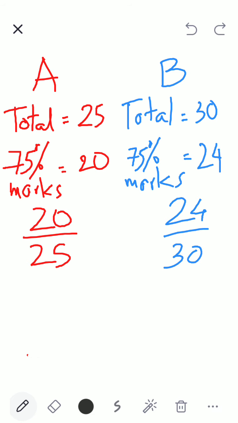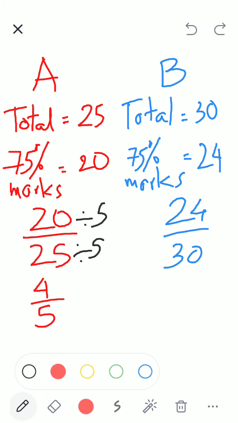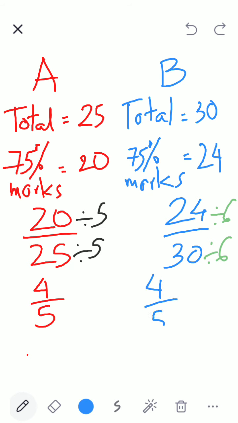Now, if I look at this, I can simplify this further. If I divide this by 5, divide this by 5, I will get 4 by 5. And this, if I divide by 6, the other fraction, if I divide by 6 and I divide by 6, I will get 4 by 5.